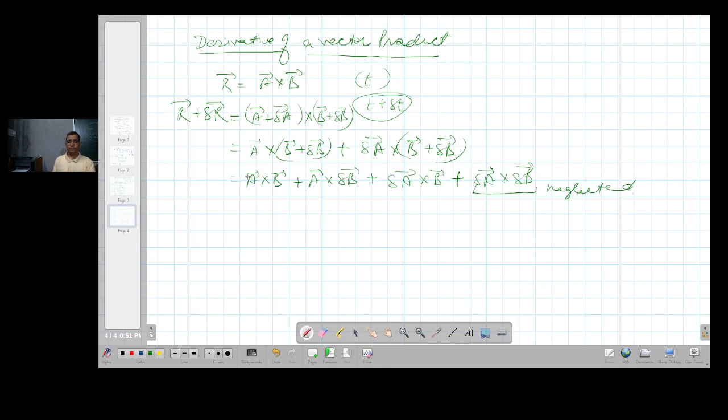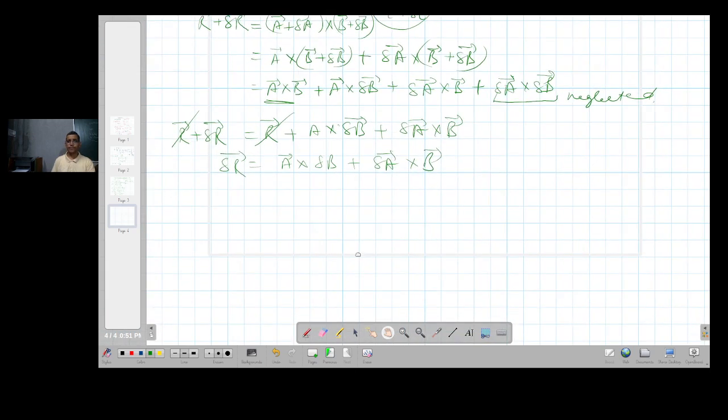So R plus delta R is equal to R plus A cross delta B plus delta A cross B. This R will cancel out, so delta R can be written as A cross delta B plus delta A cross B.